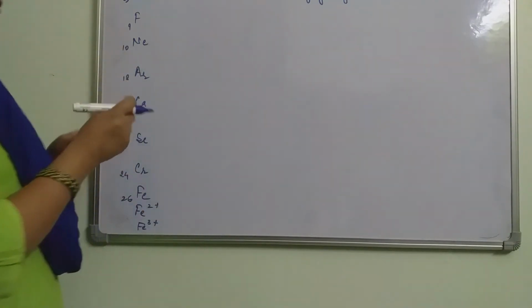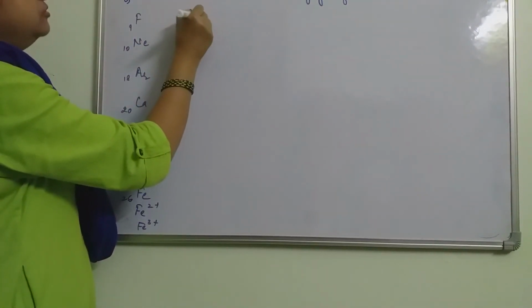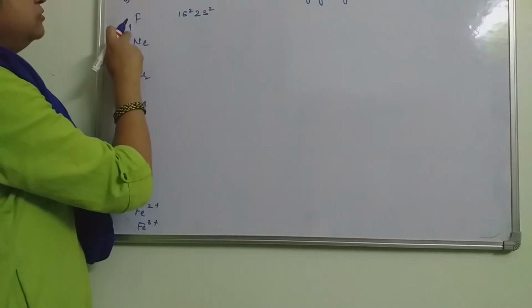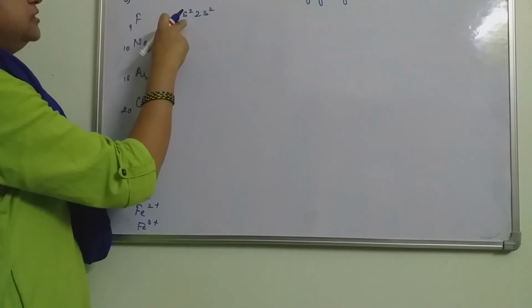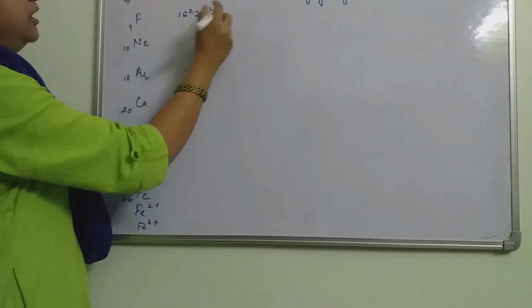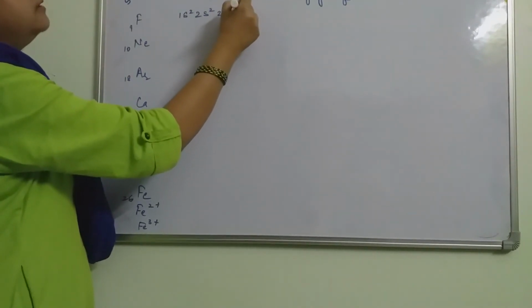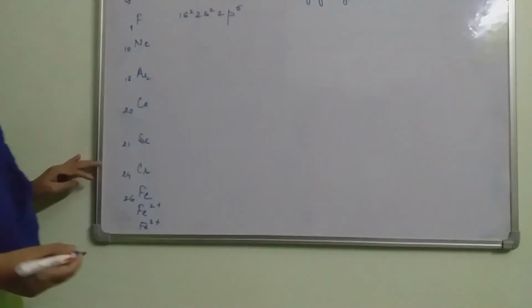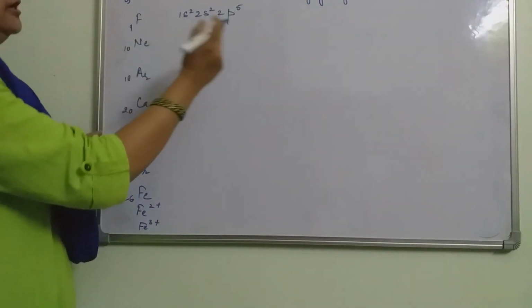For writing electronic configuration, we must follow the Aufbau principle. So 1s2, 2s2, 2p5. There are 9 electrons: 2 in the first shell and 7 in the second shell.